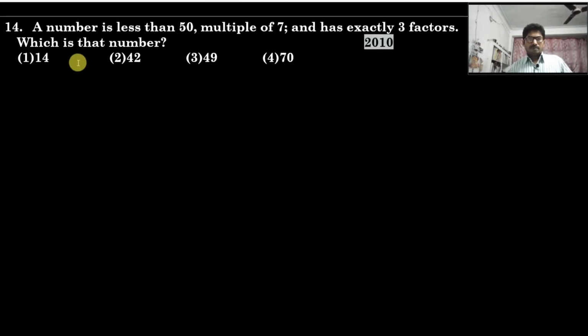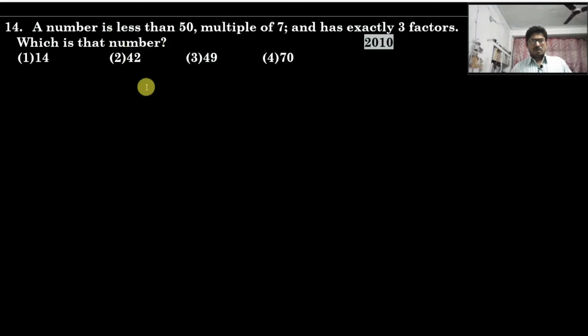Question number 14. A number is less than 50, a multiple of 7 and has exactly 3 factors. Which is that number? We already did a problem like this in the PPT, I think PPT 6.